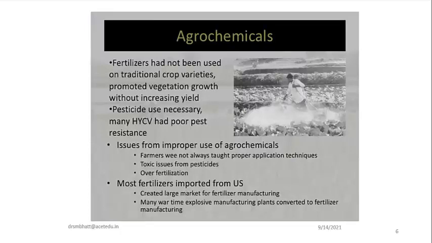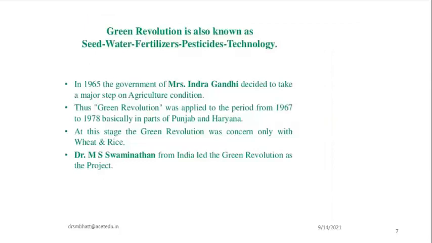Most fertilizers were imported from America. The green revolution is also known as seed water fertilizer pesticide technology. Okay. So in 1965, Mrs. Indira Gandhi decided to start this green revolution because it was very successful in advanced countries, the European countries.